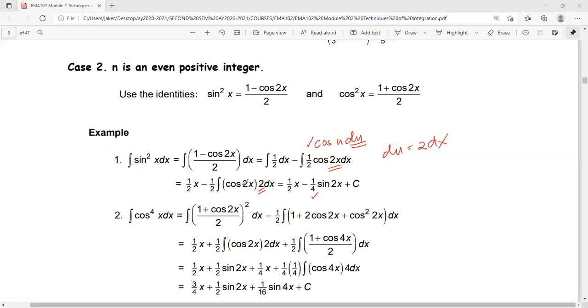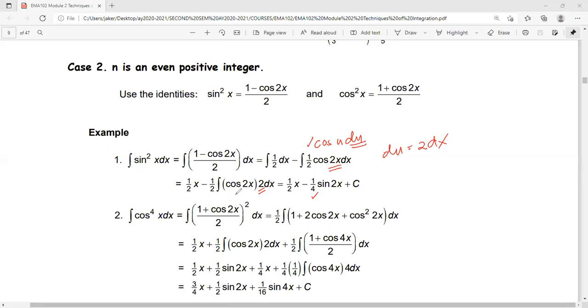What's the integral of cosine? That would be the sine of 2x. So you copy. This is actually under simple trigonometric function: the integral of cosine of u is sine of u, as long as the derivative of the u is complete.